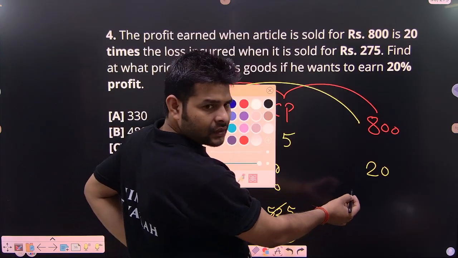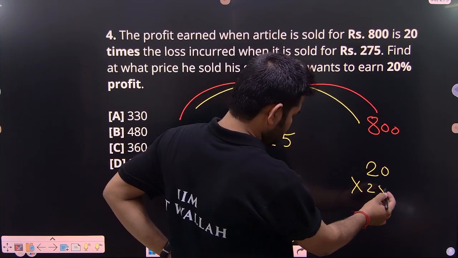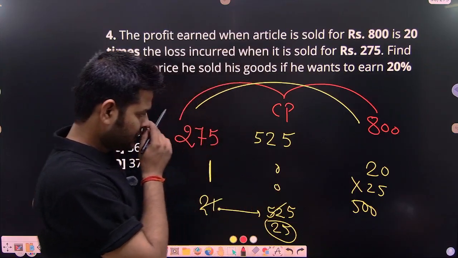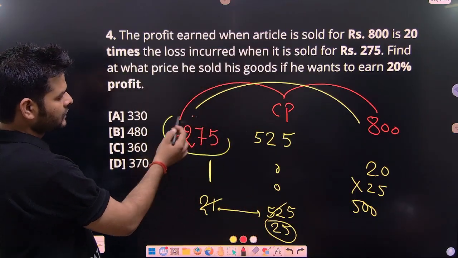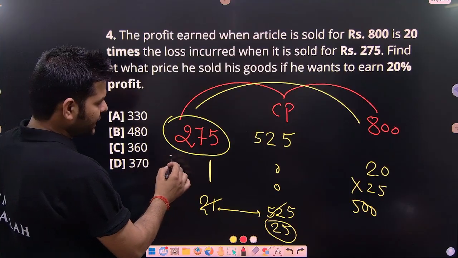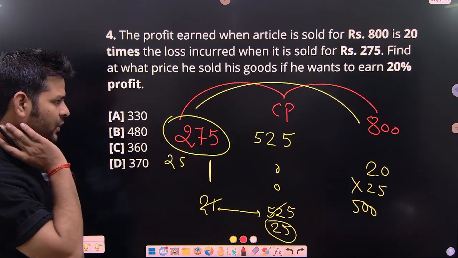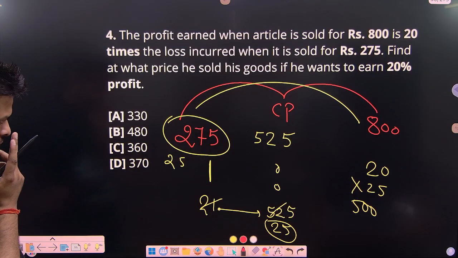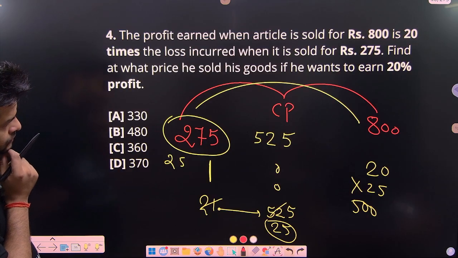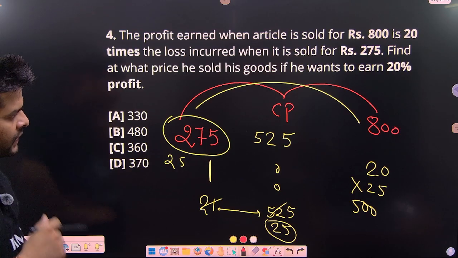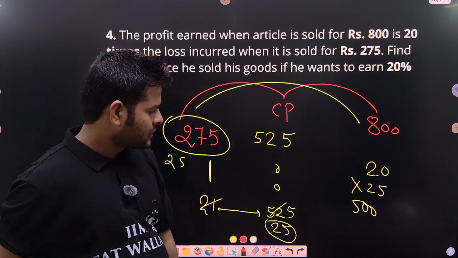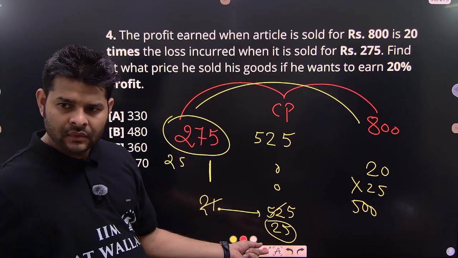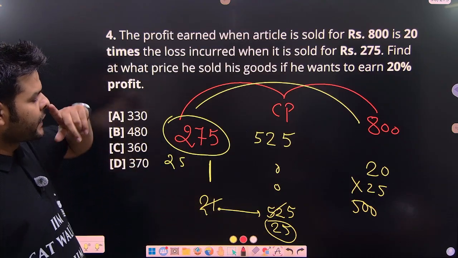So profit would be 500, and loss would be 1 unit, that means 25. So the real cost would be 300. One unit cost would be 25 and 20 unit cost would be 500.